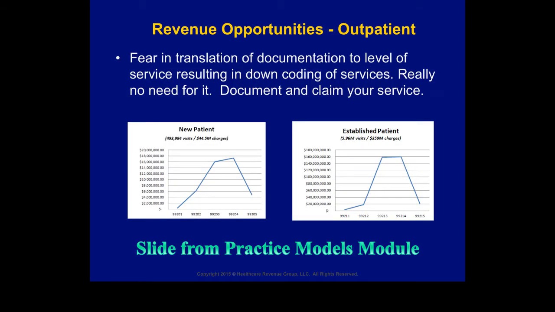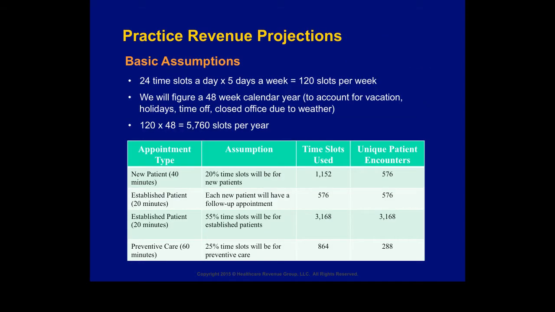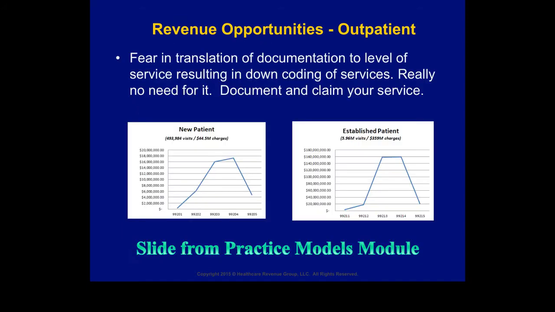Remember back in our practice module, I talked about the opportunity in advanced practice nursing that these are the bell curves of how nurse practitioners tend to fall in a trending of level of service. So out of my 576 new patients, they're going to trend against this exact bell curve. That means the percentage here is going to be applied, this percentage, that percentage, that percentage. So I have this exact same new patient bell curve.